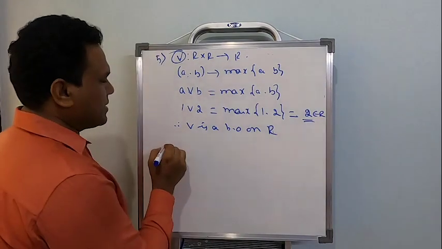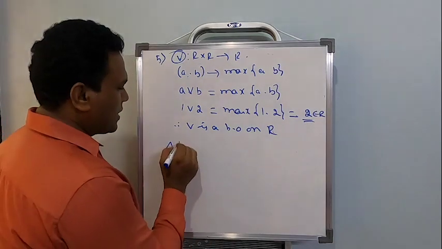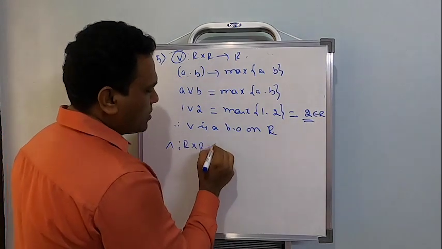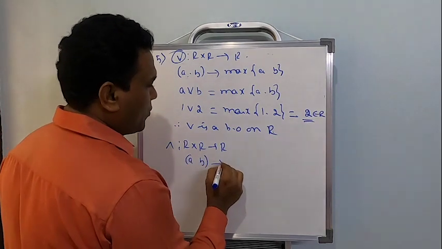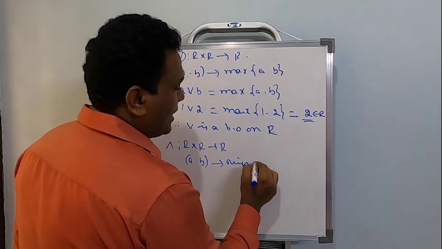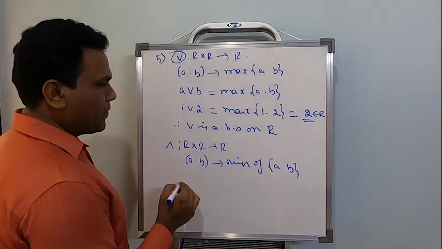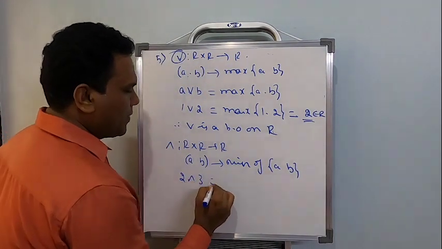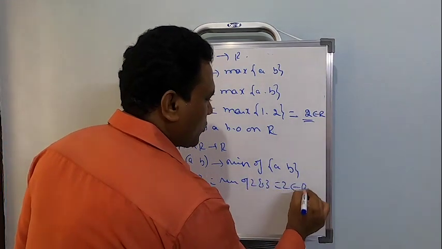In the next one, the operation is reversed. It's a cap now. So cap is defined from R cross R to R, defined as A, B gives this time the minimum of A and B. Quite simple. 2 cap 3 will be the minimum of 2 and 3, which is equal to 2.